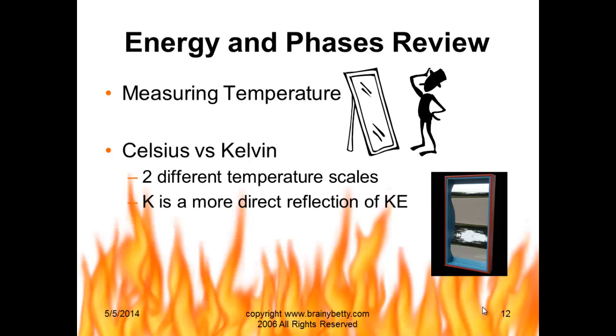It just depends on the curve in the mirror. You're still recognizable, but you look funny. If you look in a regular mirror at home, it's pretty much what you look like. That's Kelvin, a good direct reflection. Celsius is the funhouse mirror. It works, it's still recognizable, but it doesn't give you as clear of a picture of what those molecules are actually doing.